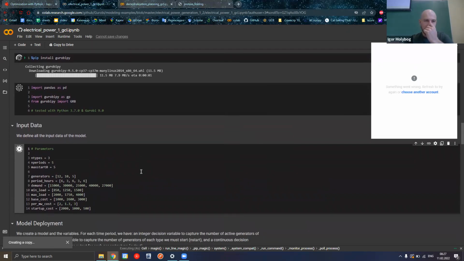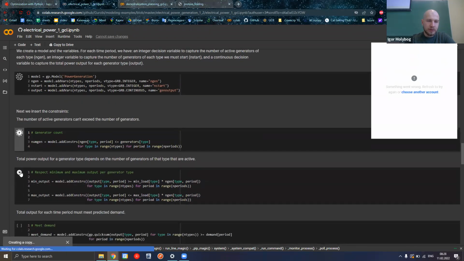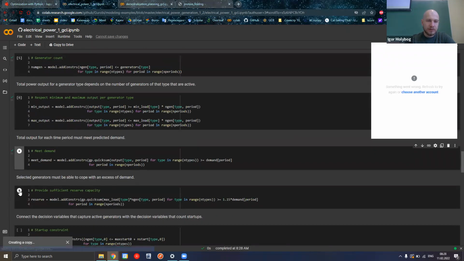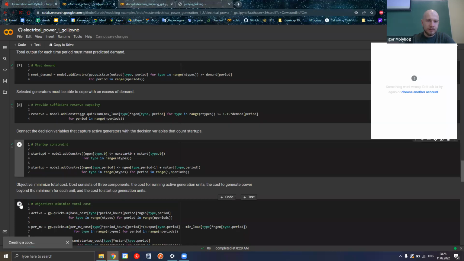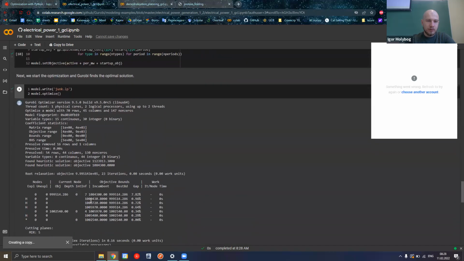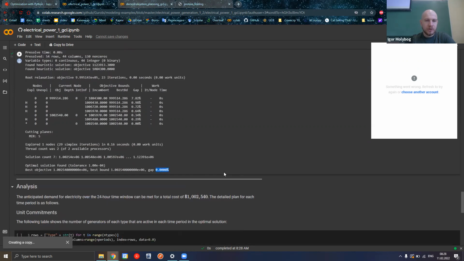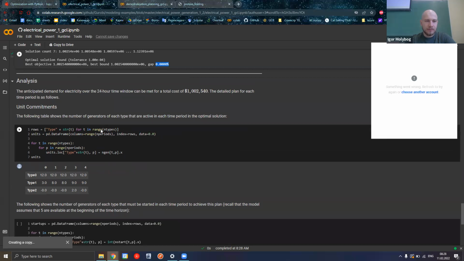Okay, so we are installing GurobiPy in this notebook, and then executing all of the cells one by one. Okay, so we have got the solution quite easily. We can check that our objective we have solved to global optimality. It tells us that the gap is 0%, so we did solve it to global optimality. That's great.